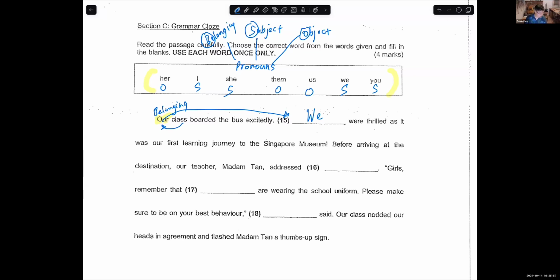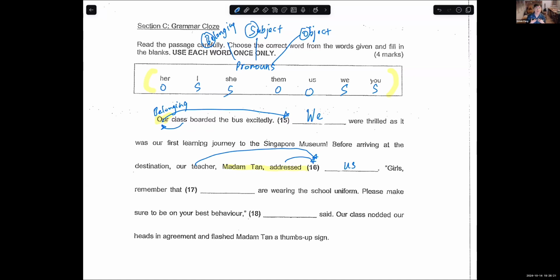And then our teacher, Madam Tan, addressed, so our, right? Our teacher, right? So Madam Tan addressed who? Who did Madam Tan address? Eric Shah? He addressed us. Us, very good. And in this case, us is functioning as the object, isn't it?